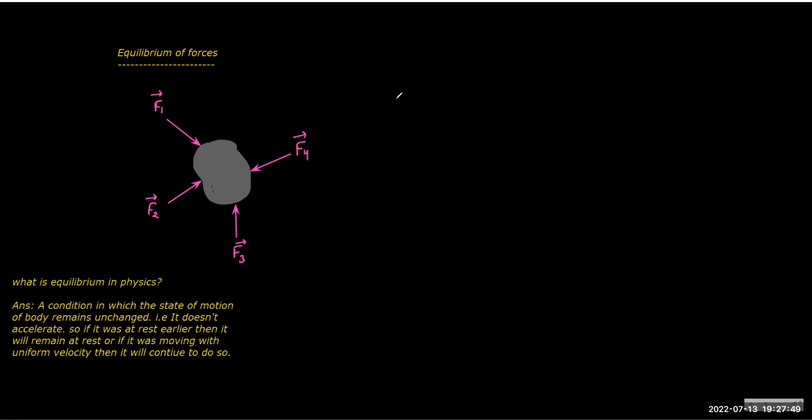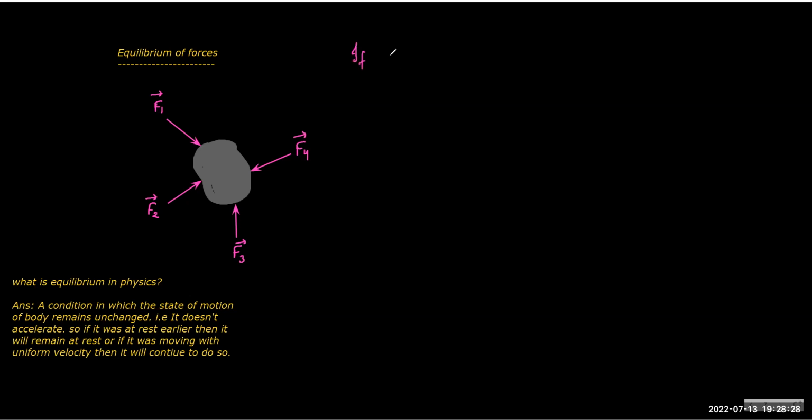Equilibrium does not mean something must be at rest. Let's say a body is under the action of multiple forces, and after the application of forces, the body is not showing any change. It is neither accelerating nor decelerating. So whatever state the body is in, that is maintained. So we say that these forces are creating zero resultant. It means effectively they cancel out each other's effect.